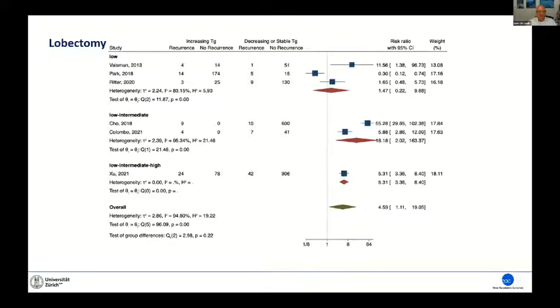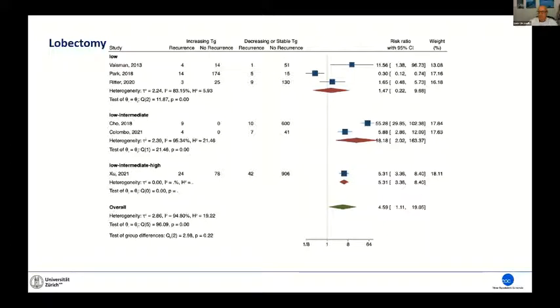Basically, we observed the following phenomenon. Thyroglobulin can be used in patients treated with lobectomy having low to intermediate and intermediate to high risk disease. That, in fact, are not the typical patients where lobectomy is recommended. And this is clearly related to the Bayesian approach.